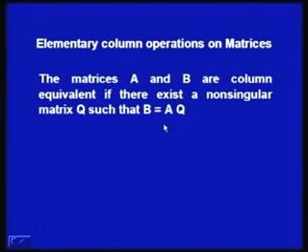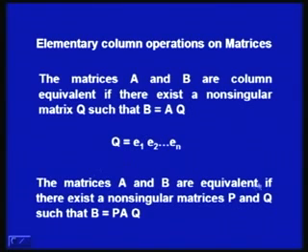That is the basic difference between row operations and column operations. And this matrix Q is actually a series of elementary column matrices, E1, E2, En. I am using small letters to denote the elementary column matrices. So Q is equal to E1, E2, En.